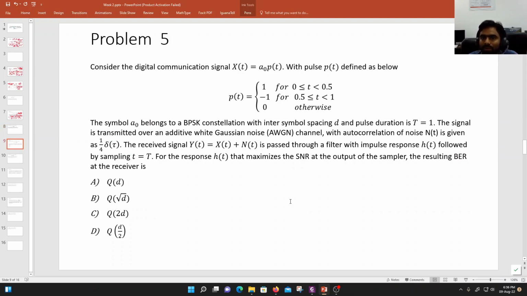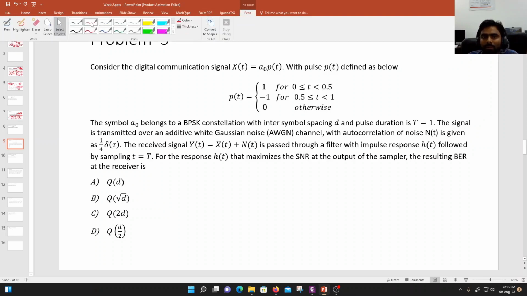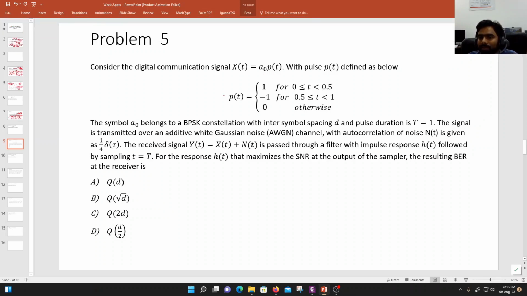So the same digital communication system, x of t equal to A naught p of t, p of t is the same, and A naught is now different. A naught belongs to the BPSK constellation with intersymbol spacing d. Now the symbols are not given, the constellation distance between the symbols is given, and the pulse duration T equal to 1.